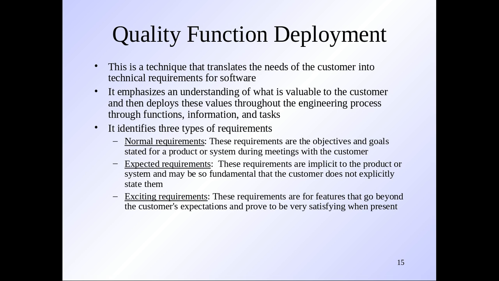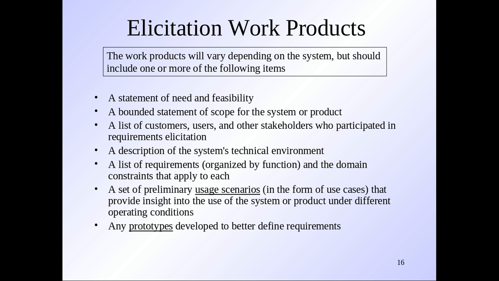Normal requirements are the objectives and goals of that particular product. Expected requirements are implicit, which the customer would not explicitly state, but which are fundamental to that particular software. Exciting requirements are extra additional features that the customer does not expect but is satisfied by when he sees them.